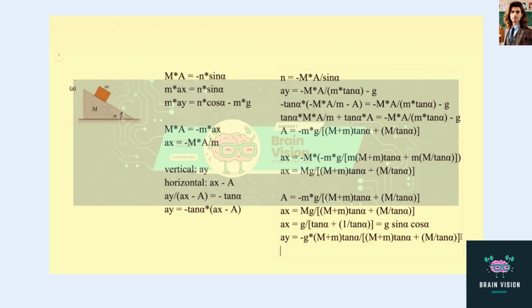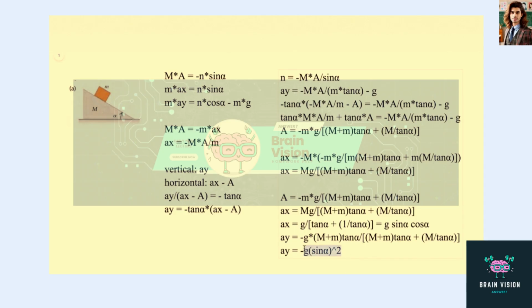Now, AY, remember, in this case, the acceleration is pretty much just going to be due to gravity and then slowed down by the y component of the normal force here. So if we do the same thing with AY, then we should end up with AY equal to minus G times sine of alpha squared.